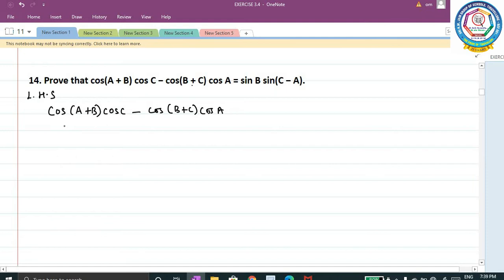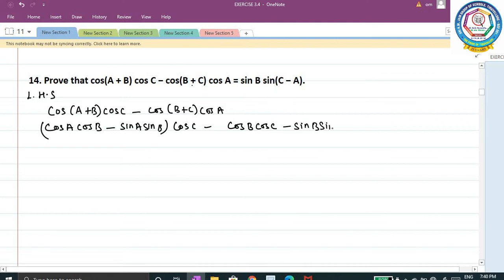So now it is in the form of cos of (a plus b). We know the formula cos of (a plus b) equals cos a cos b minus sin a sin b, into cos c minus, here also it is in the form of cos of (a plus b). So cos a, here a place is b and b place is c. Cos b then cos c minus sin b into sin c.